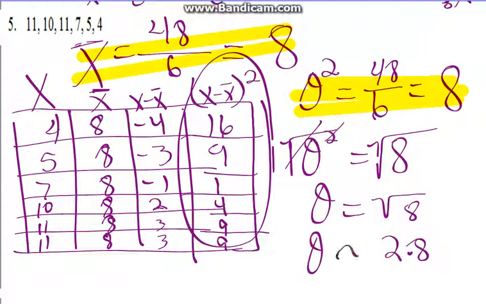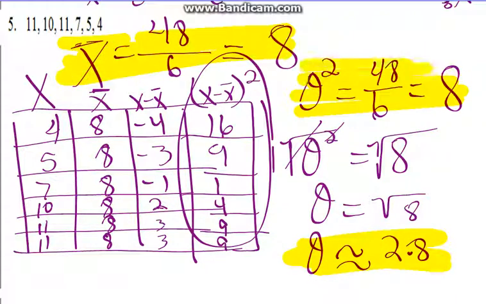So that's our standard deviation. So there's our three answers. Our mean is 8, our variance is also 8, and our standard deviation is about 2.8.